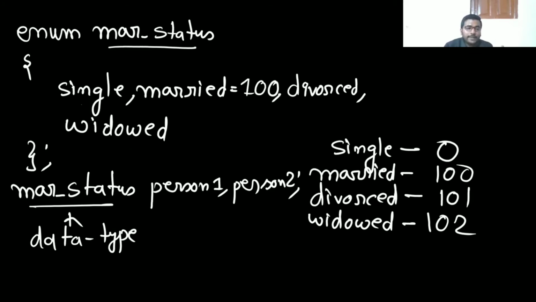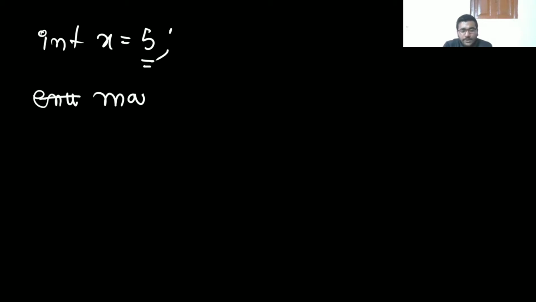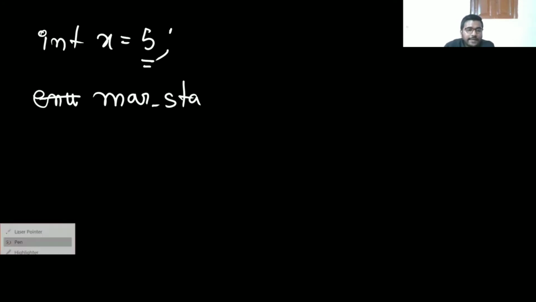Like if you write int x, x can have 5. These are the values that it can have. Now enum marital status is your data type.